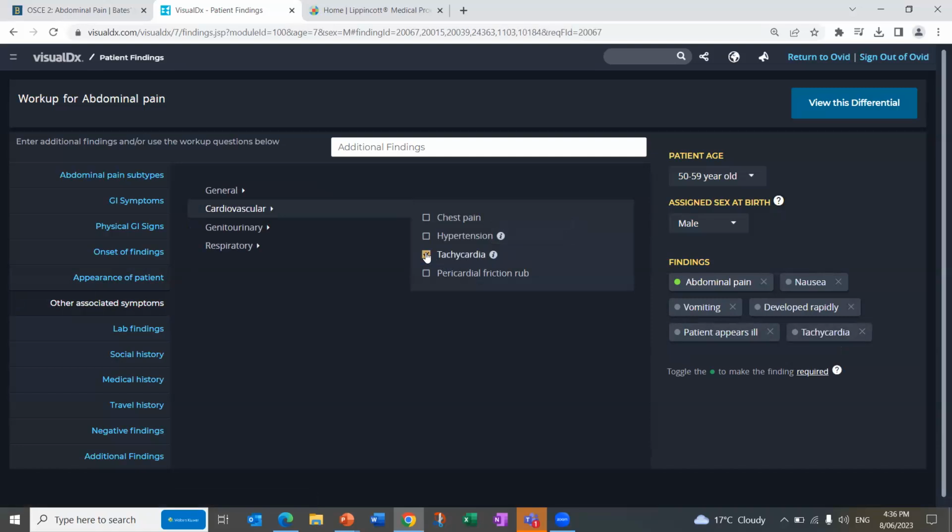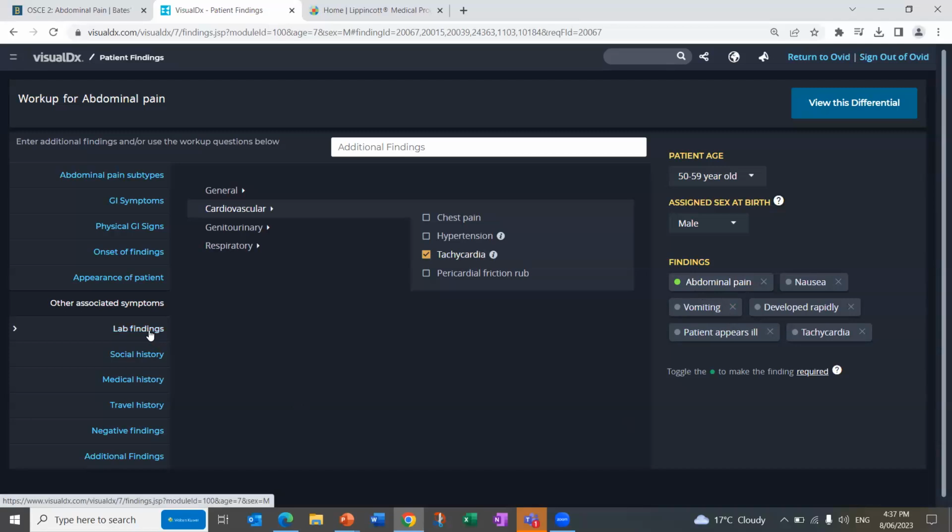So I can select tachycardia as a part of this process. We're moving through, and as we're selecting, we can see the choices that are appearing here as our observations or findings. And the one that is tagged in green is the one that is required. It's the principal one. It's the one that really characterizes this whole experience for the patient, their extreme abdominal pain.